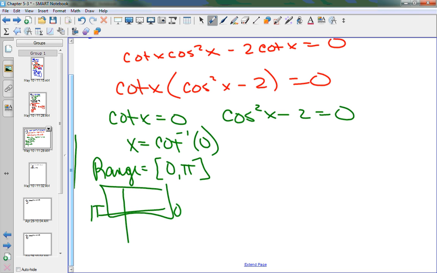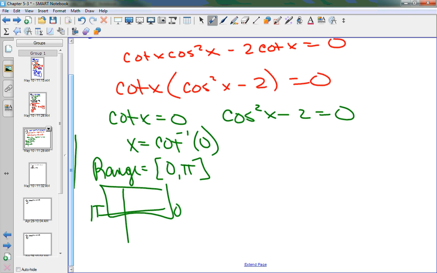What angle between 1 and 2 has a cotangent of 0? It's either 0, 90, or 180. Which one is it? Which angle, 0, 90, or 180, has an x-coordinate being 0? 90.